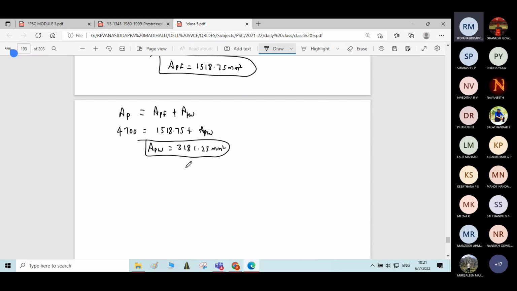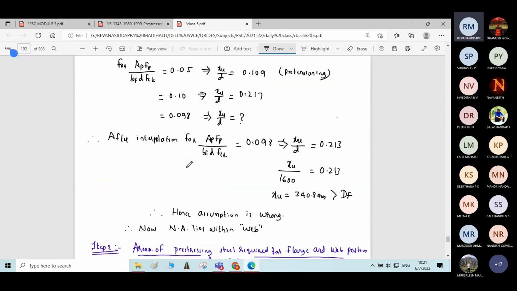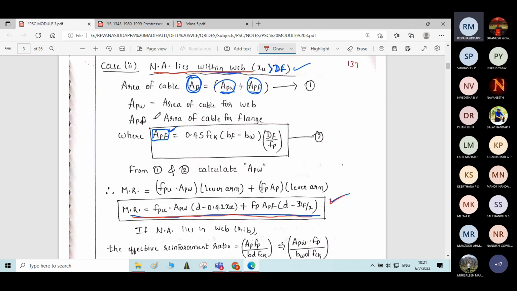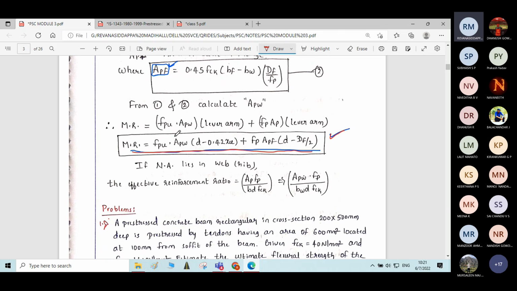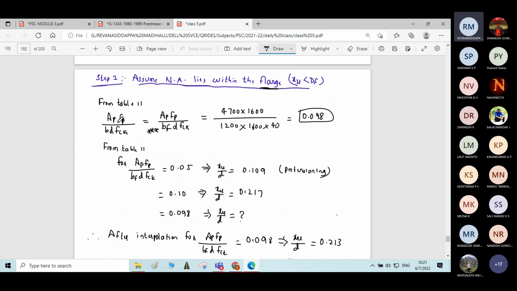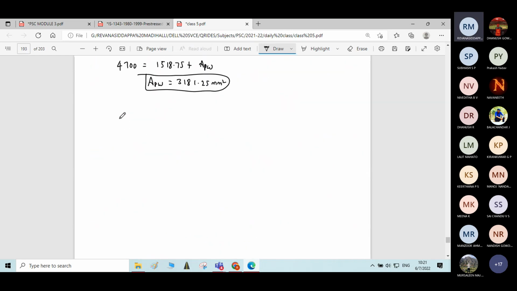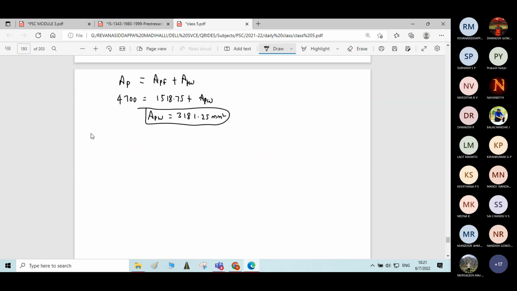Okay, why are we calculating APF and APW? Because they are needed for calculating moment of resistance here. Now in step 3 we can go for calculating this moment of resistance. Copy that formula as it is.